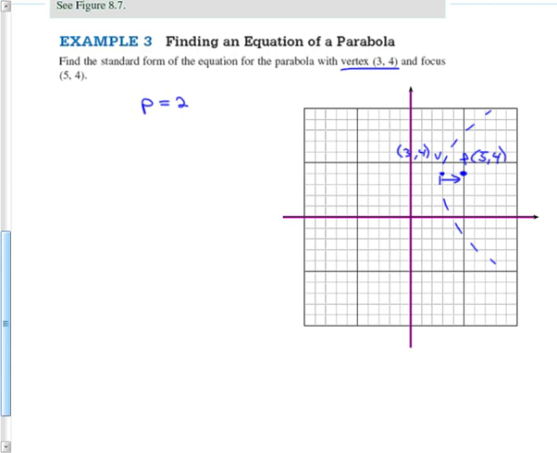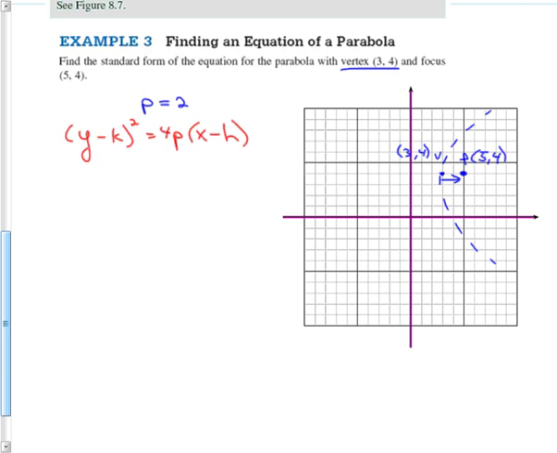And because it's oriented this way, which equation? Is it the x squared or the y squared? It's the y squared one. So I know it's going to fit this form. (y minus k), the k goes with the y, quantity squared equals 4p times (x minus h). I know it fits that form. So I can fill in a bunch of stuff.